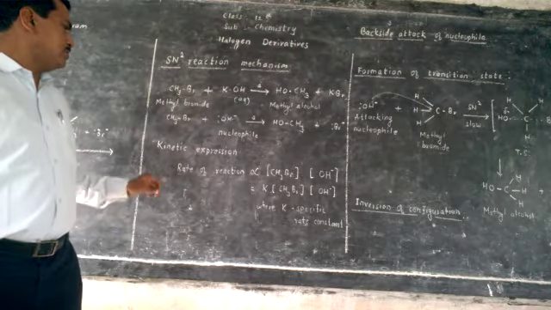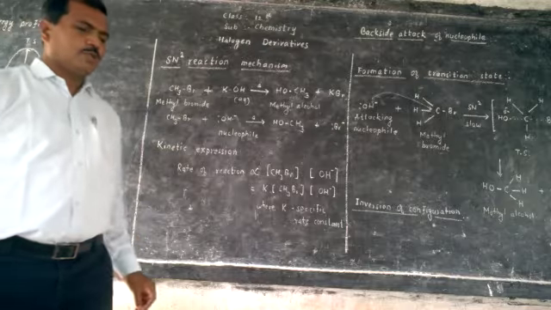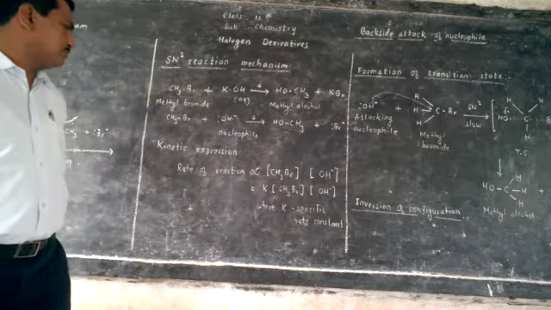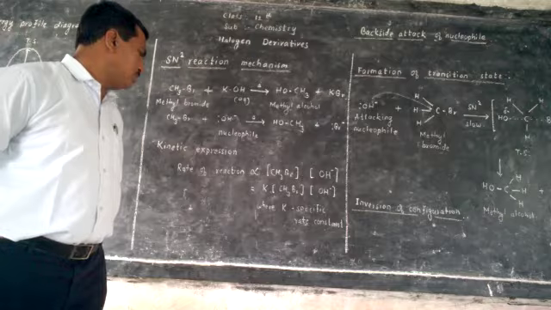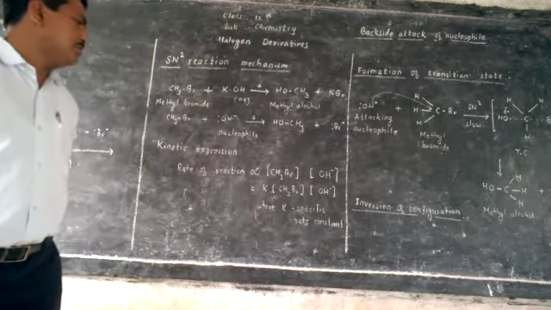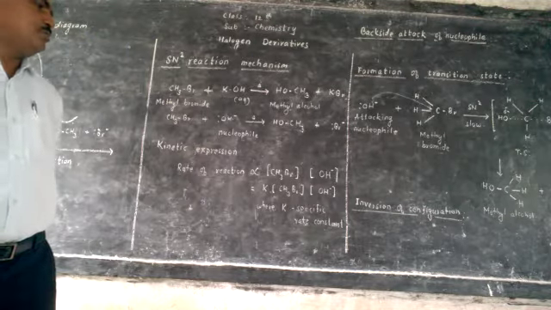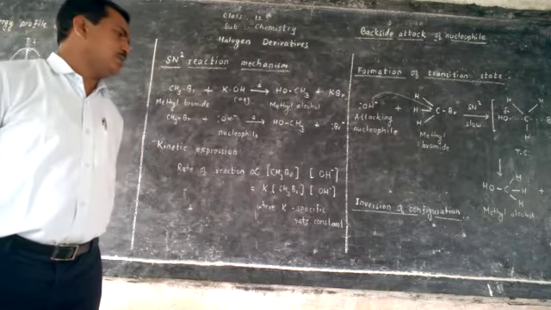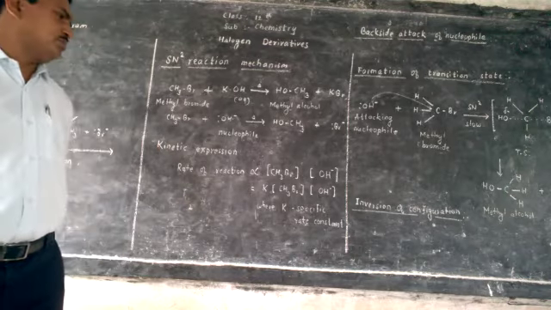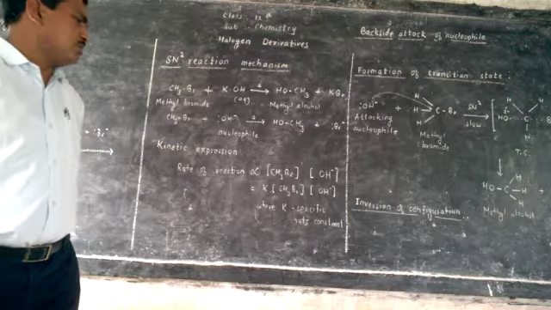Then the kinetic expression. Rate of reaction is directly proportional to the concentration of methyl bromide as well as OH negative. So it is a second order reaction.